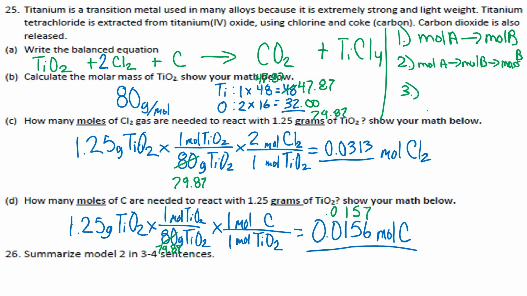Model 3, at this point, we did mass of A to mole of A to mole of B. So if you had to guess before looking at the next model, what do you think we're going to do for our next step?